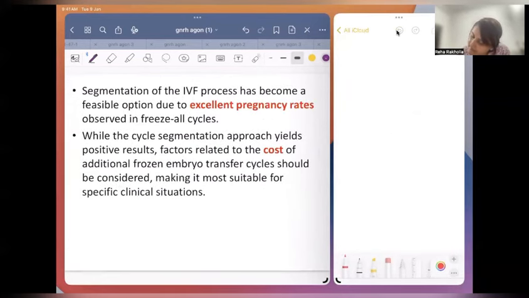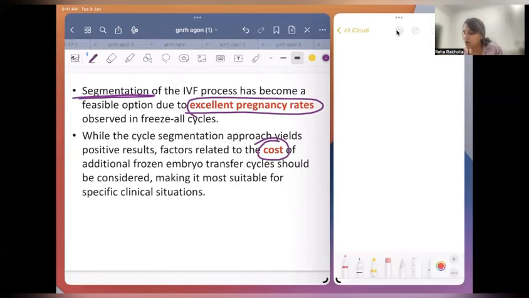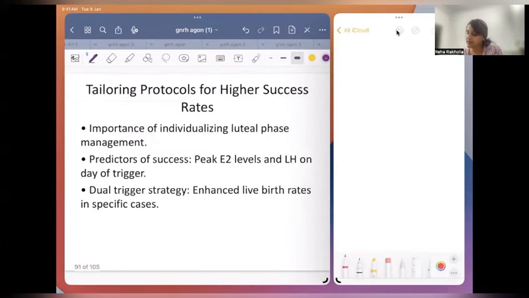So we can say that segmentation causes excellent pregnancy rate, but the issue is the cost of additional frozen embryo transfer. Then tailoring protocol for highest success rate: importance of individualized luteal phase management.